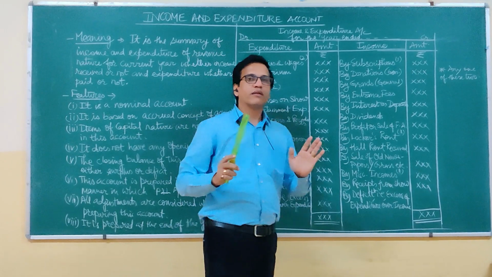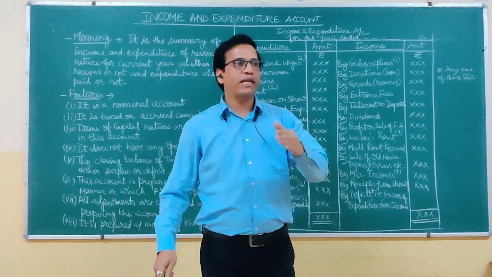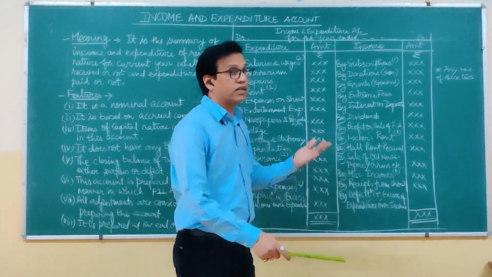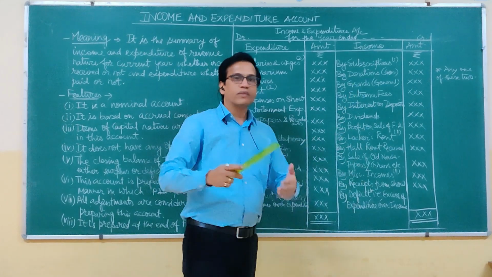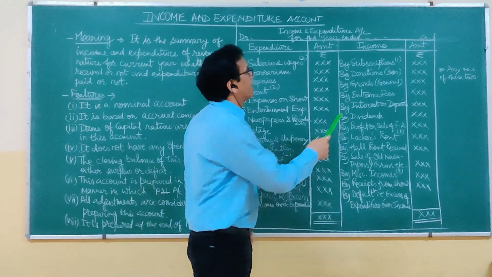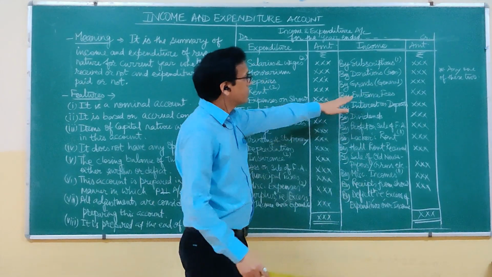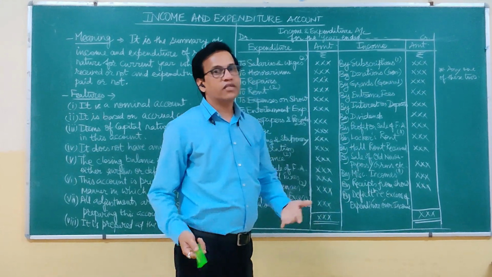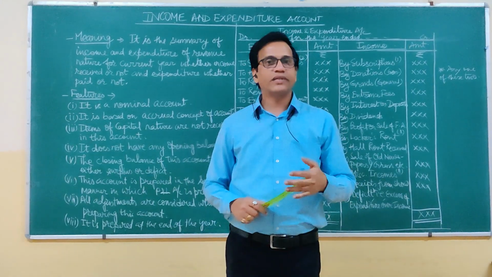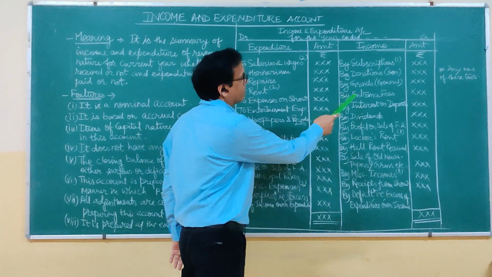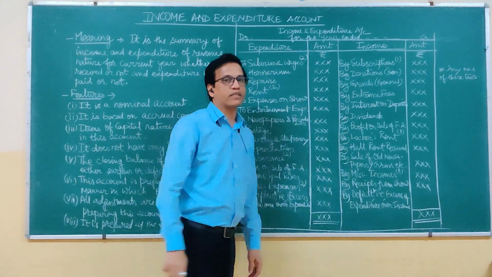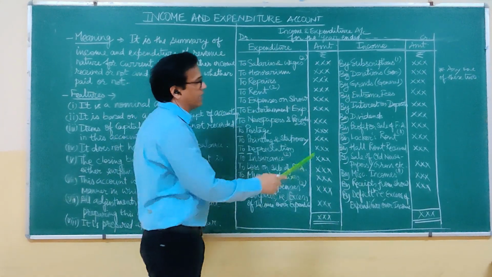They are granted by the government or any other department or institution for some annual purposes. So that is taken here. By entrance fee, it is to be treated as a revenue receipt, so we will take it from the receipts and payments account to the credit side of the income and expenditure account.